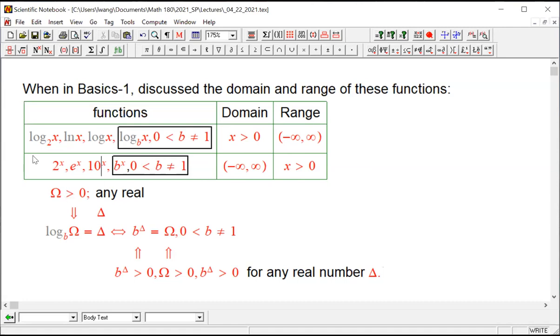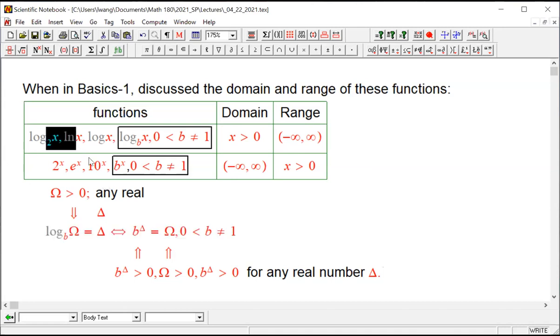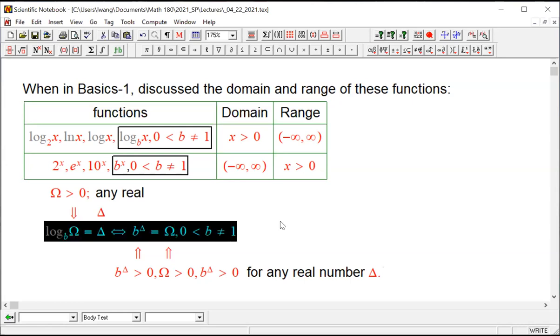But in general, this is the general definition, and you have special definitions for different bases. Of course, we went over that. And their domain and range is set at the time of definition. Okay, and their graph as a result is set at the time of definition as well.